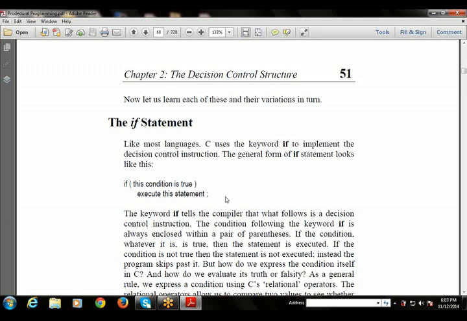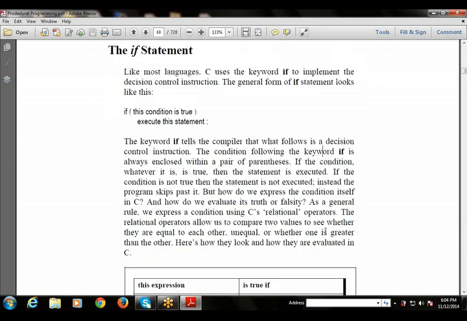The next point says the condition following the keyword if is always enclosed within a pair of parentheses.